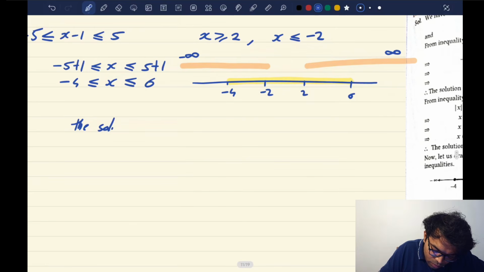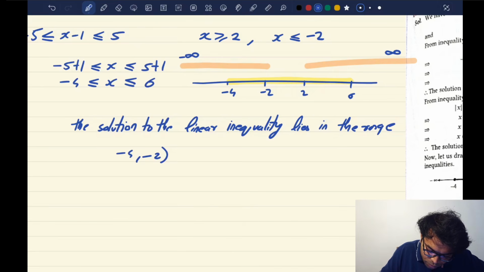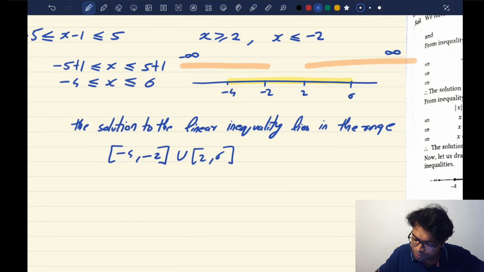The solution to the linear inequality lies in the range -4 to -2 union 2 to 6. Clear?